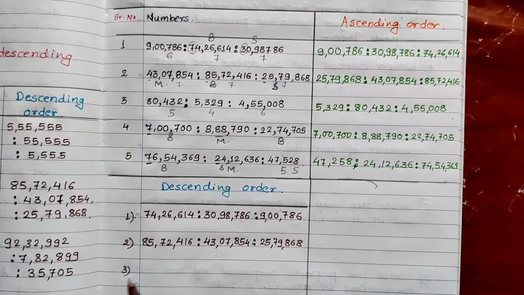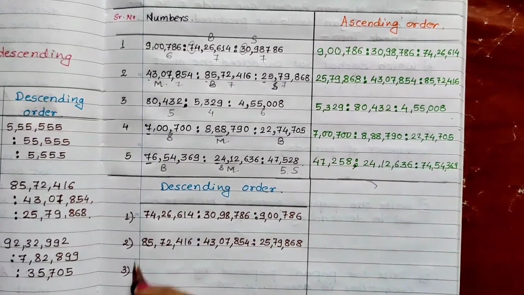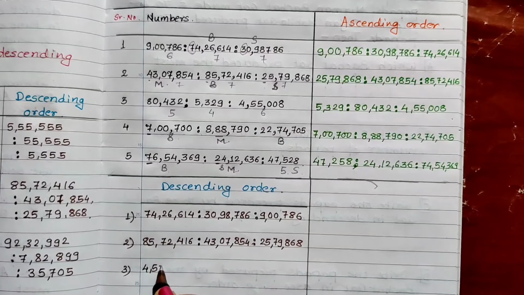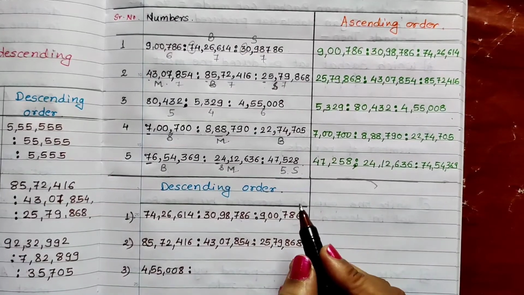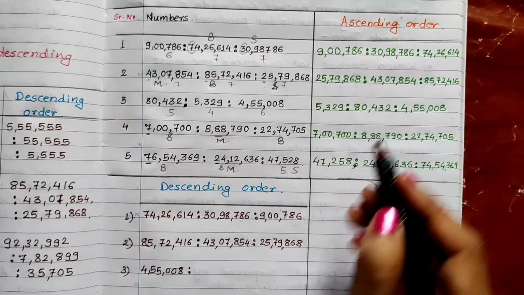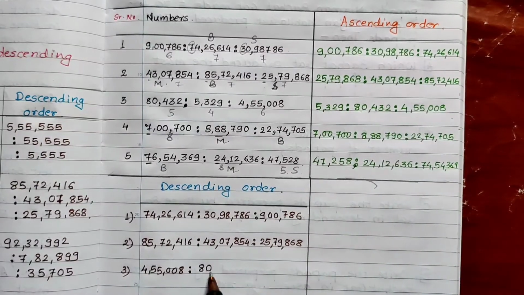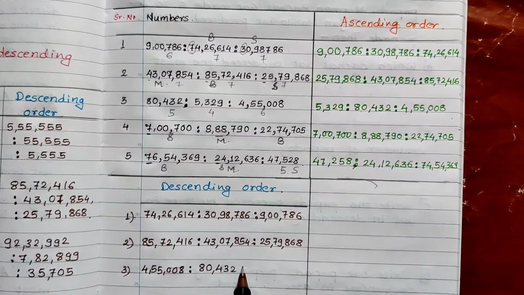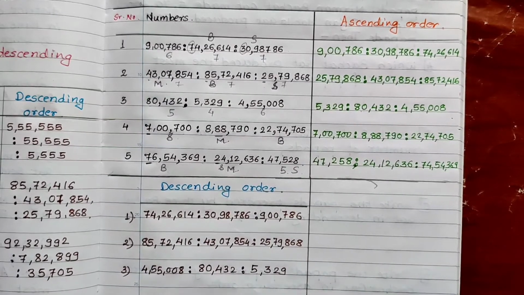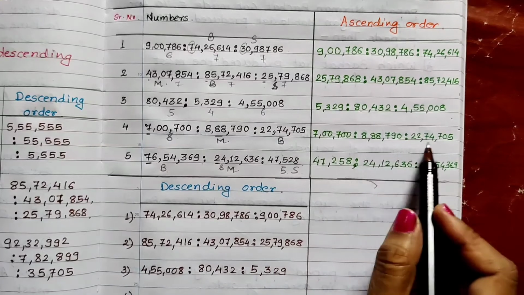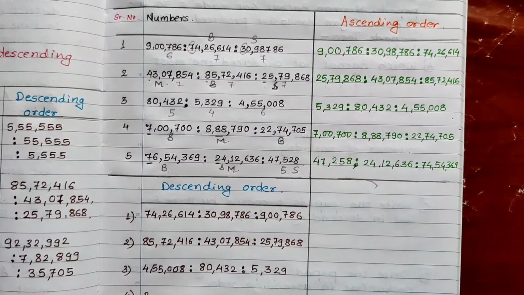Now let us write the third one. Start from the biggest, 4,55,008. Then the middle one is 80,432, and the smallest is 5,329.